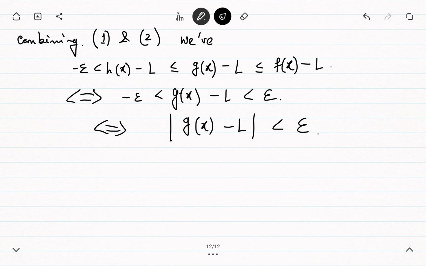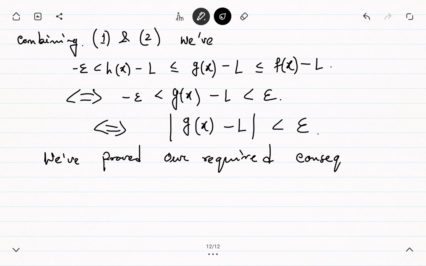So we have proved our required consequences. So we have proved it.